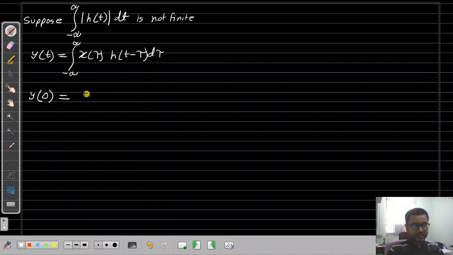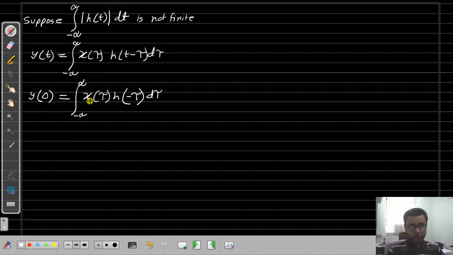That will be the same as x(tau) h(0 minus tau), which is the same as h(minus tau) d tau from minus infinity to plus infinity.